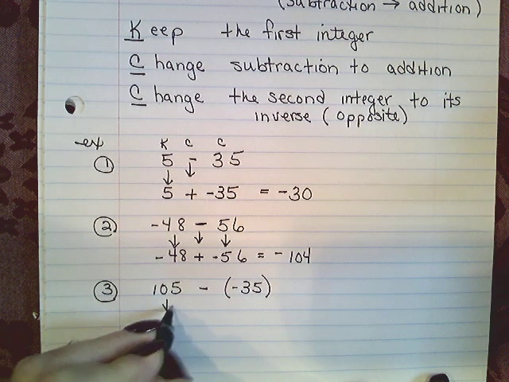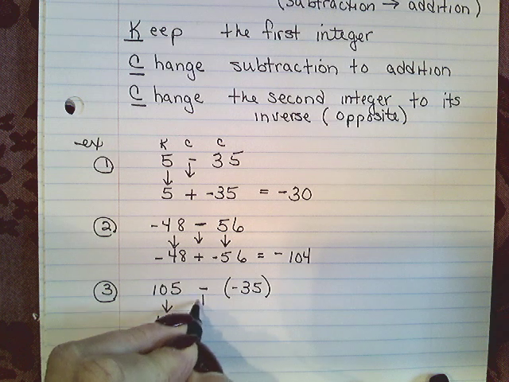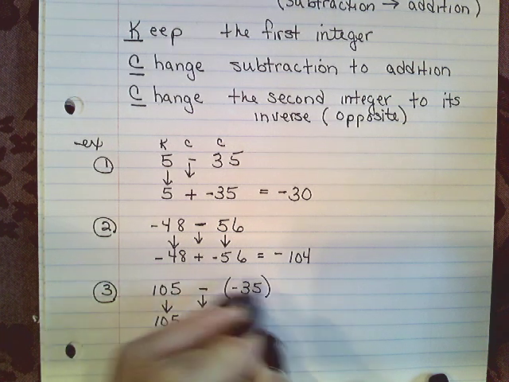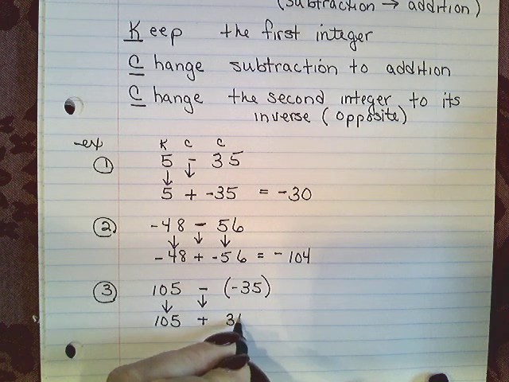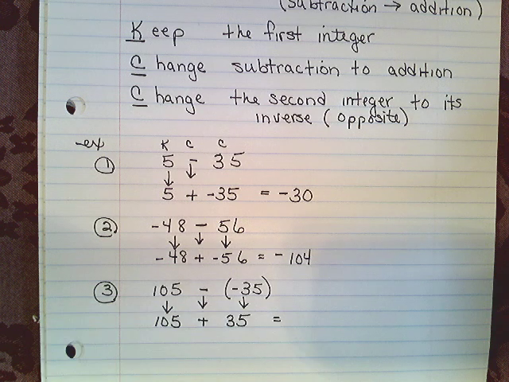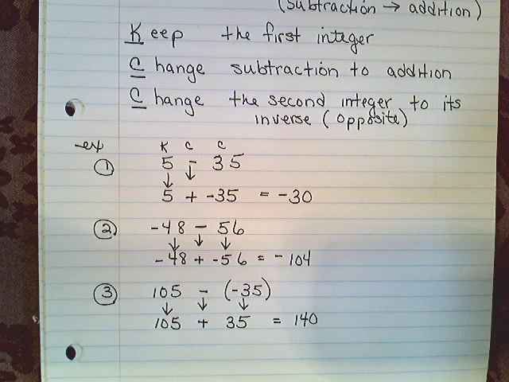So we're going to keep the first integer. We're going to change subtraction to addition, and we're going to change negative 35 to a positive 35. That would be its opposite, a positive 35, and then just add the two together, and you would get 140.